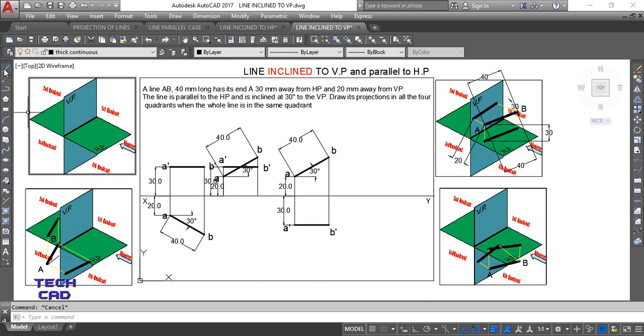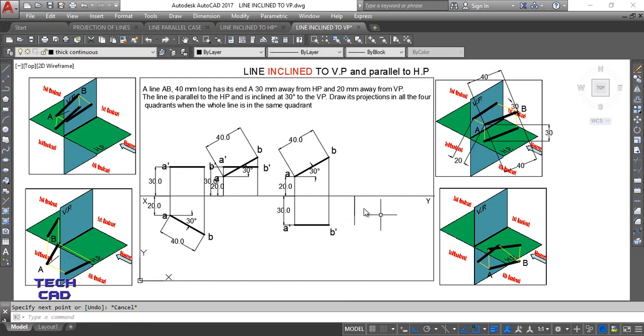So you have to make a projection of end A. Take a line, and you know that in the fourth quadrant both front view and top view go downward from your XY line. Whatever the distance from HP for the front view, I'll take like this 30 mm downwards. Again go to the line, and for the top view, which is the distance from VP, given as 20 mm, so this is 20.